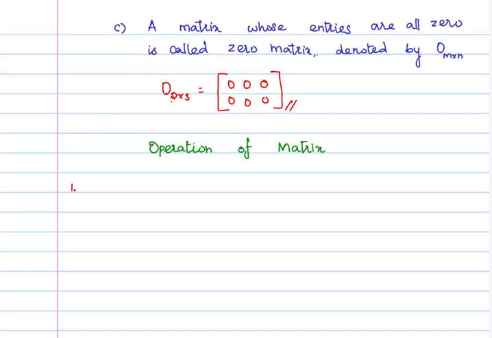First one is matrix addition. Second one is scalar multiplication.